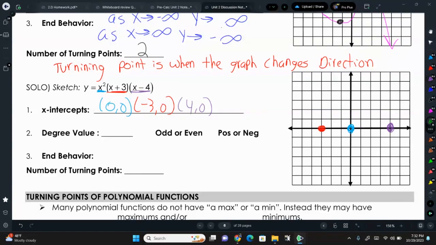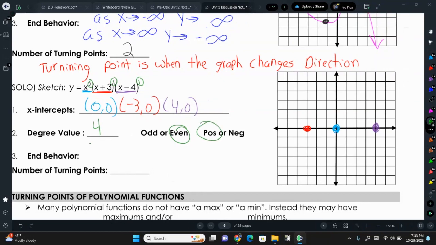Our degree value, 2 plus 1 plus 1 is 4, which is even. And we have a positive leading coefficient, so both ends are going to go up. So as x approaches negative infinity, y approaches positive infinity, and as x approaches positive infinity, y approaches positive infinity. So both ends go up.